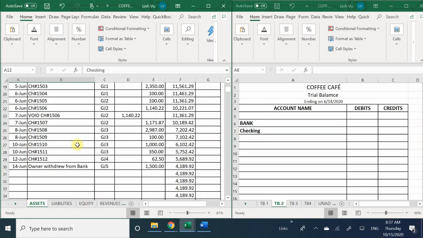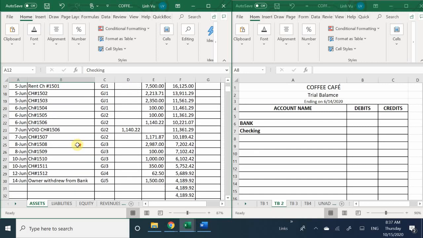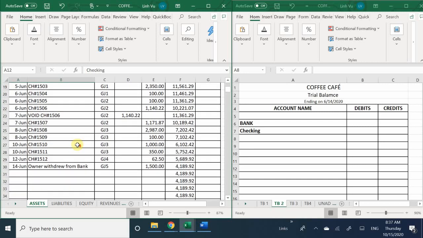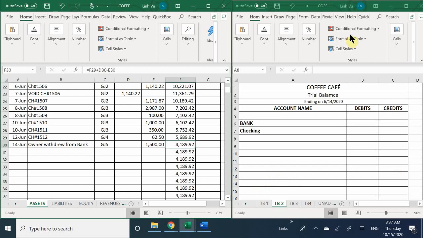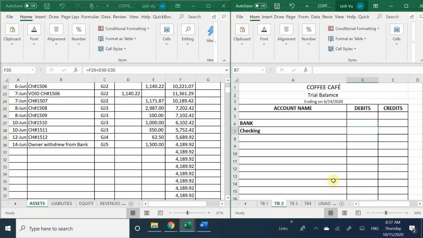Since I've done a lot of paying checks as well as invoices, my ending balance in my checking account is $4,189.92.